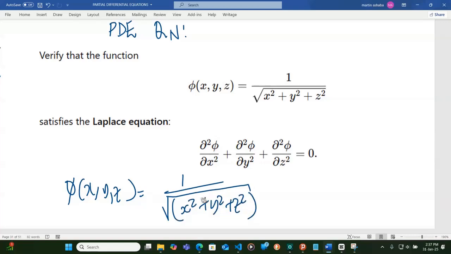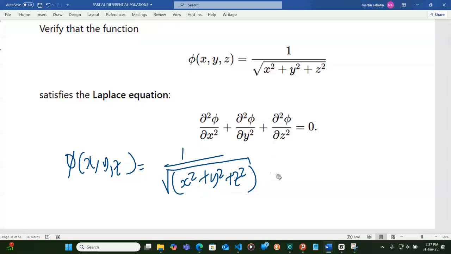If it is to satisfy this equation, we first partially differentiate phi with respect to x, y, and z. Then we again partially differentiate those first partial derivatives to get the second partial derivatives of phi with respect to x, y, and z. So let's begin.